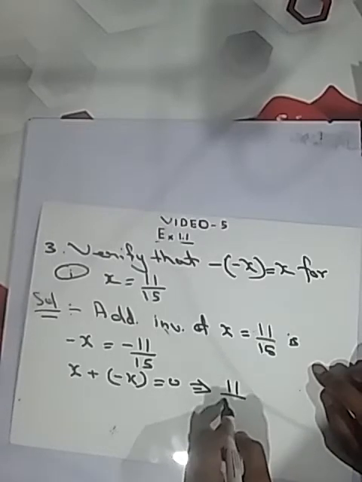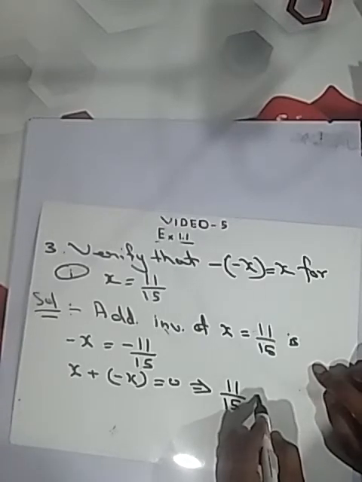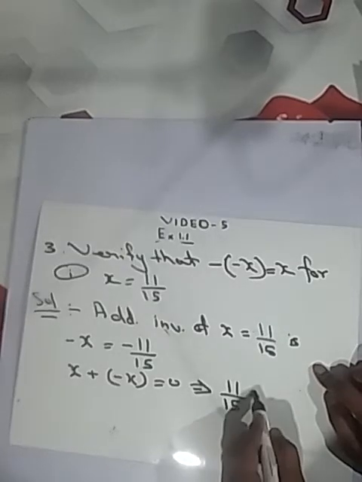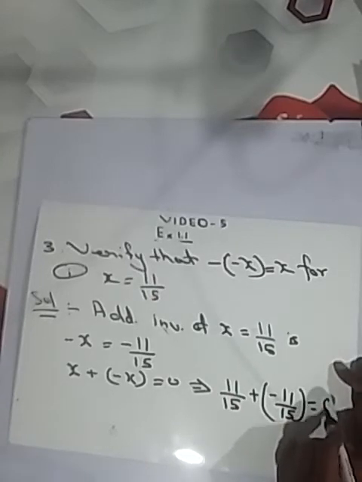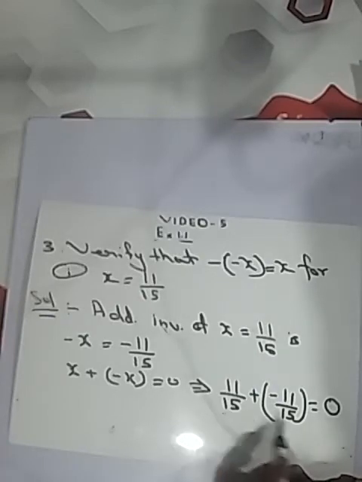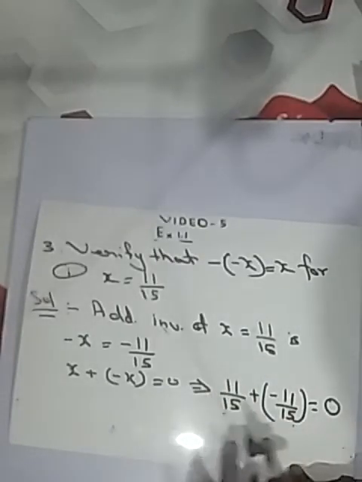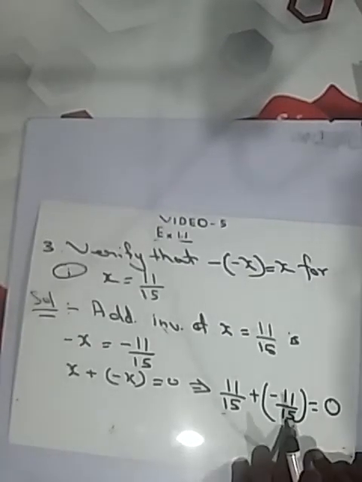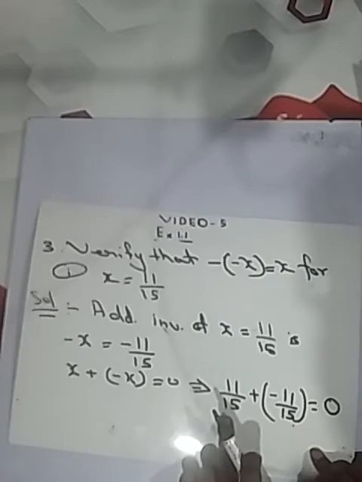That is, 11 by 15 plus minus 11 by 15, so 0. Now look at this thing. The additive inverse of this is this, but from this point, this shows that the additive inverse of this is also this.